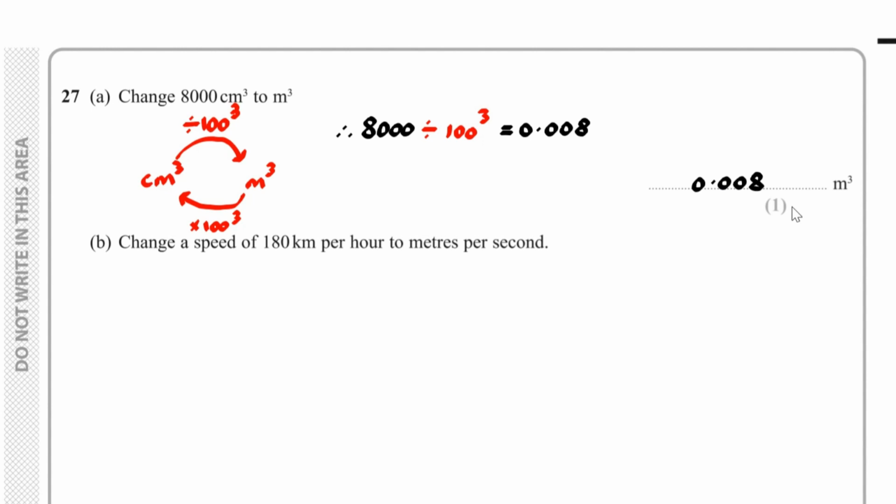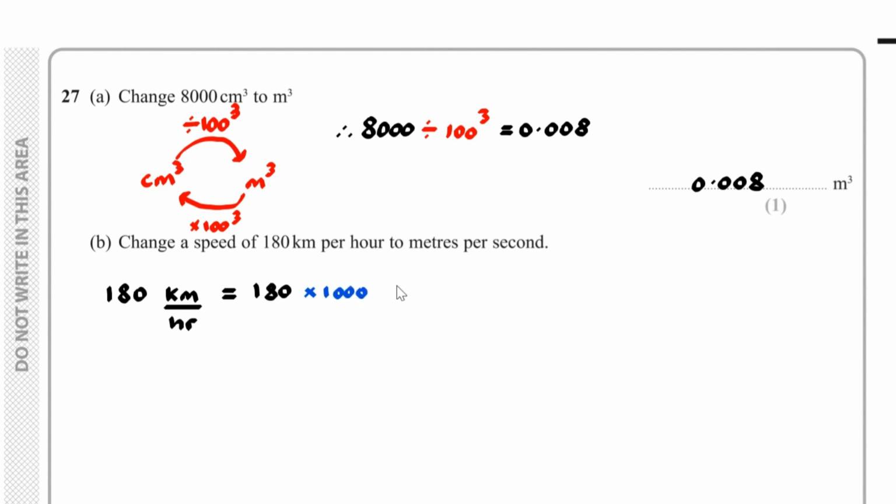For part B, we have to change a speed of 180 kilometers per hour to meters per second. Well, so far, we've got 180 kilometers per hour. What we can do to begin with is multiply this 180 by 1,000.